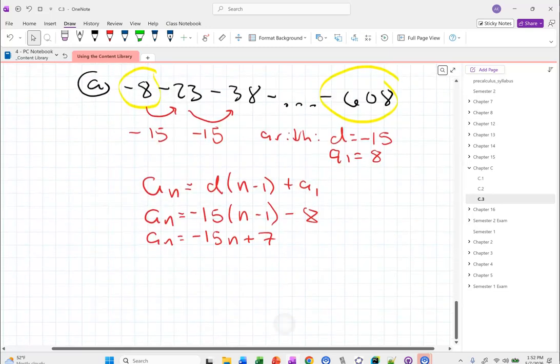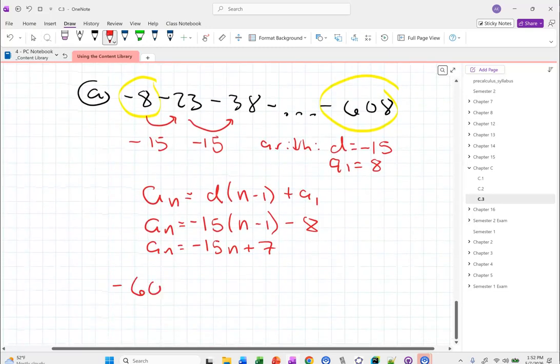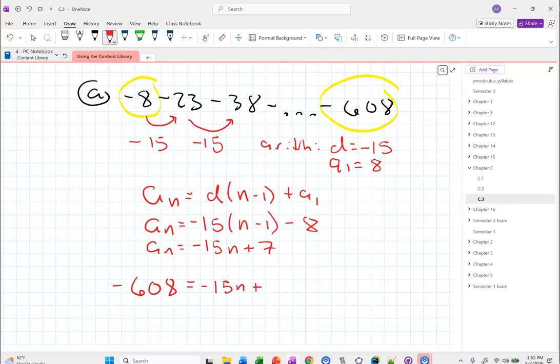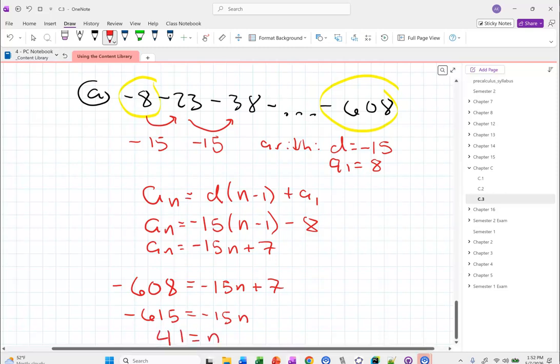I'm going to need the explicit formula, though, to get that in. So to do that, I'm going to take that negative 608 and plug it in for a sub n and solve for n. So we have n equals 41.